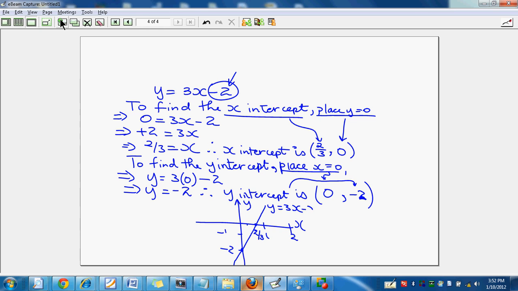And all we did was obtain the 2 intercepts, the x-intercept and the y-intercept. To get the x-intercept, we place y equal to 0 and solve. To get the y-intercept, we place x as 0 and we solve. Having gotten that, we were able to sketch our straight line.